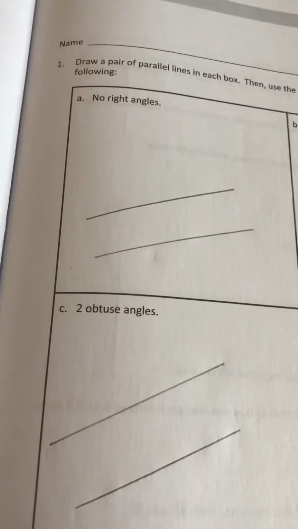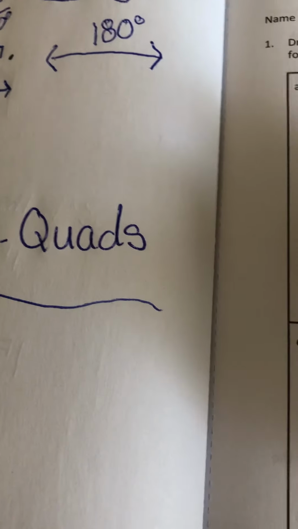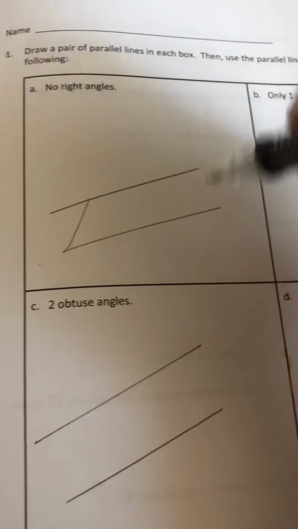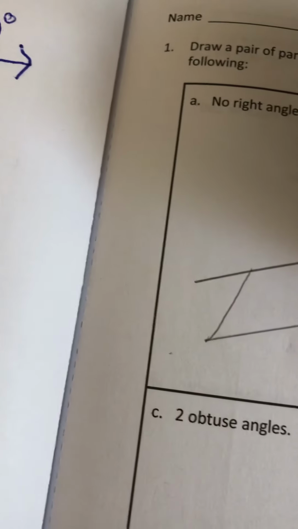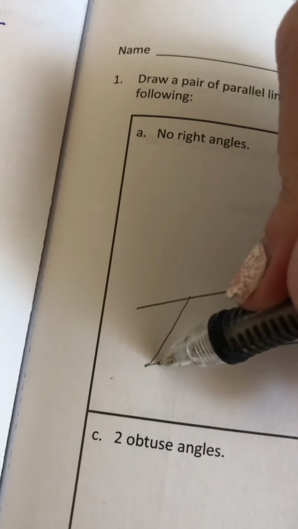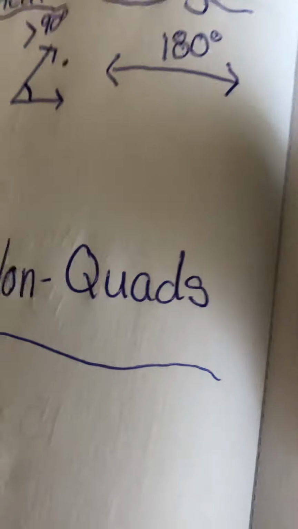All right, so make sure you guys have all parallel lines. I'm going to grab my phone and just make sure that you're following these directions. So no right angles. So I want to make sure you do something like that. Something like that. These look like they could be obtuse. That's acute. I don't see any right angles.